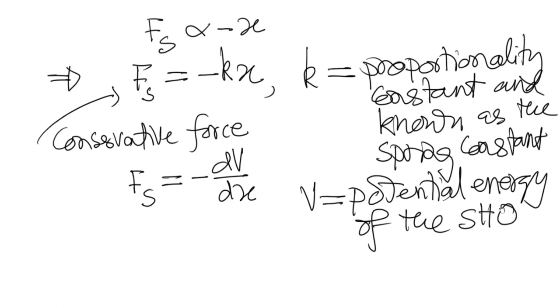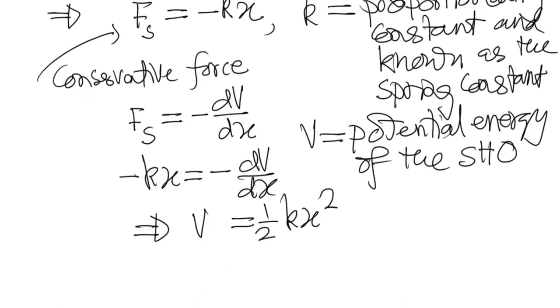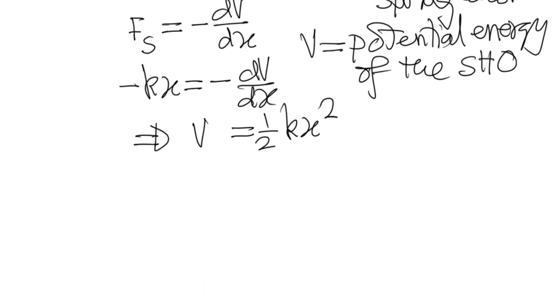We have a one-dimensional system here, the simple harmonic oscillator. Now, if we put this F equal to minus kx, which is equal to the negative gradient of the potential energy, from this relation we can write down V equal to half kx squared. You can check it. We are now ready to write down the Schrödinger equation for the simple harmonic oscillator.